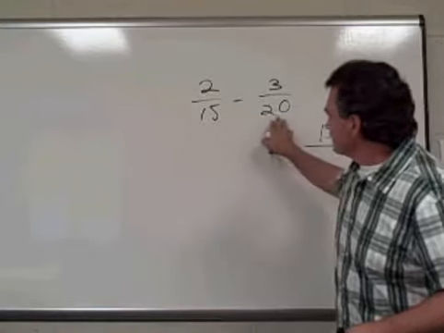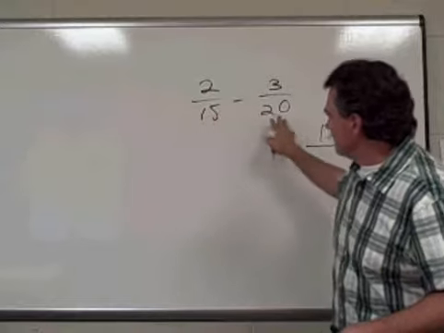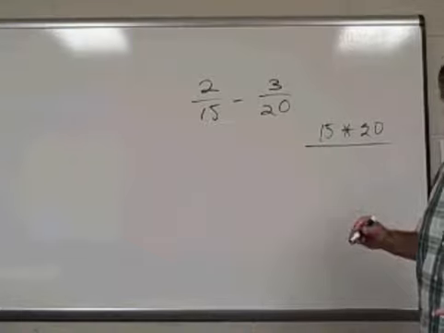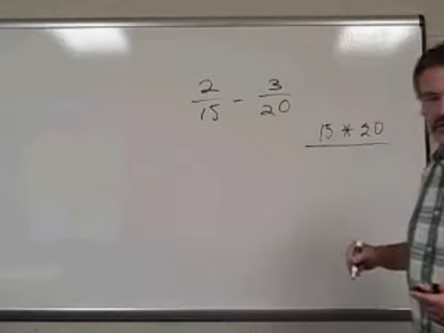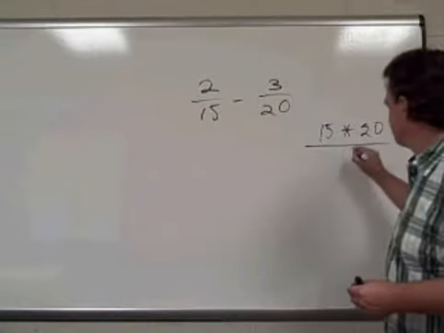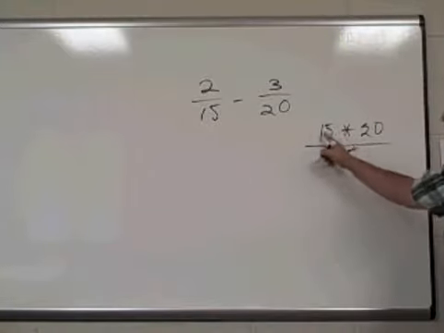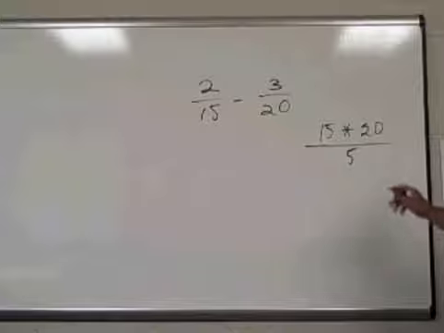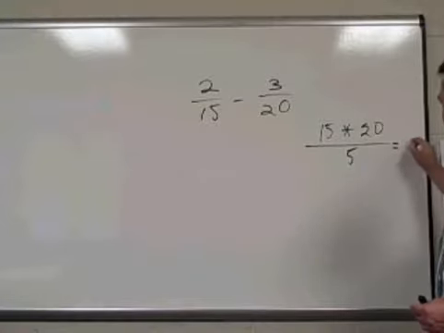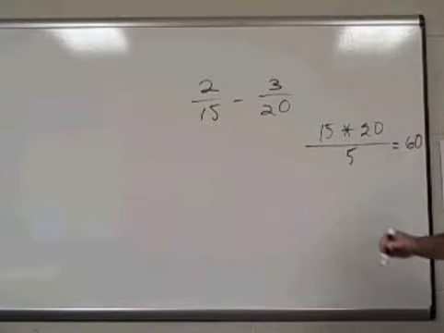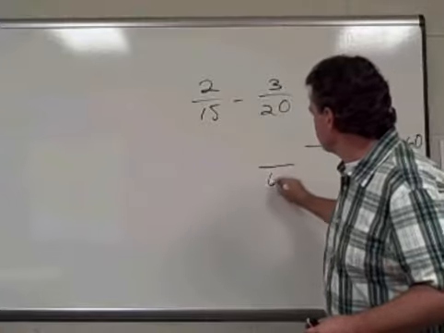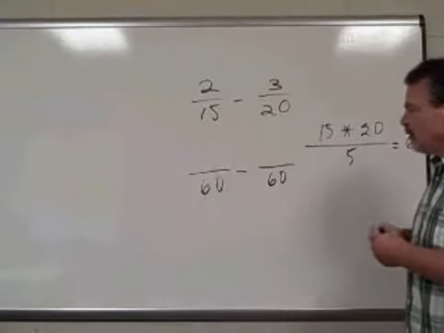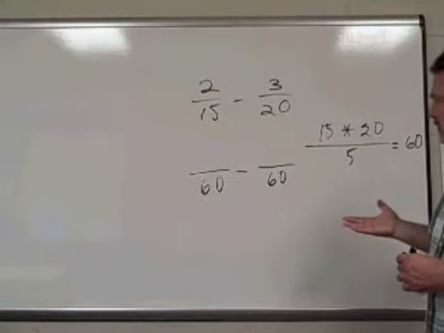What's the largest number that you can divide into 15 and 20 and get a whole number answer? That would be 5. 15 times 20 is equal to 300, and 300 divided by 5 is equal to 60. So the common denominator we would use for these two fractions would again be 60.